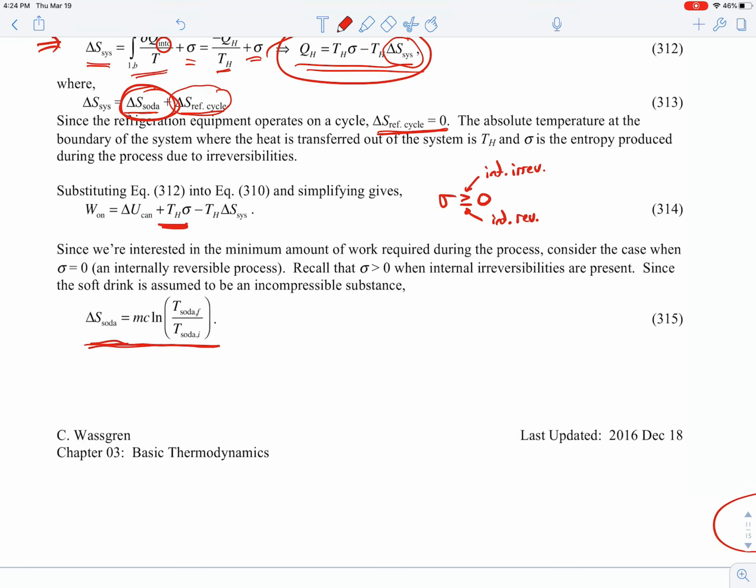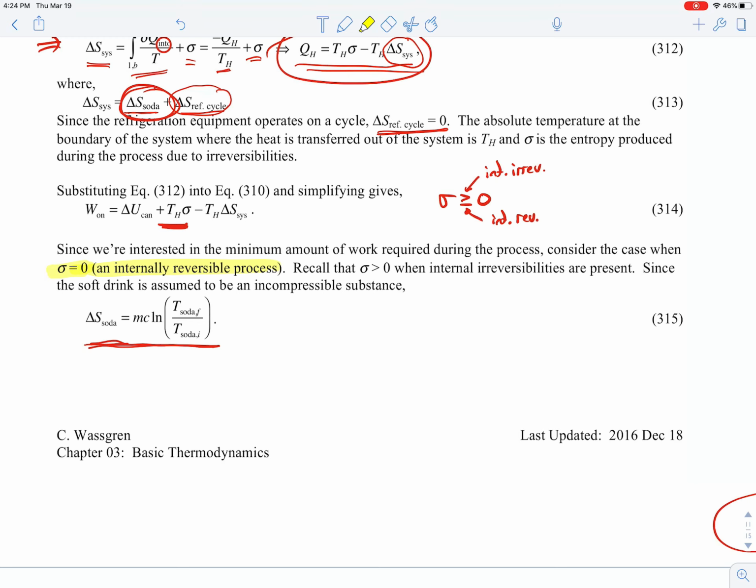Since we're trying to calculate the minimum possible work, we'll assume that this whole process occurs in an internally reversible manner. So we'll set sigma equal to 0, and that'll give us the minimum amount of work. In real life, we'll always have a little bit more work that we have to put into it because it's internally irreversible.